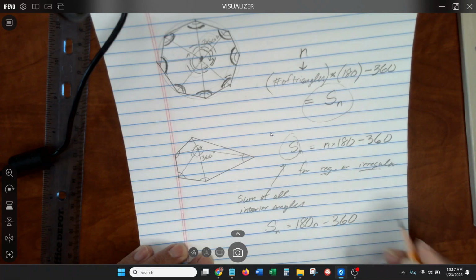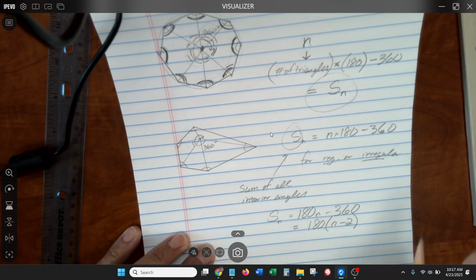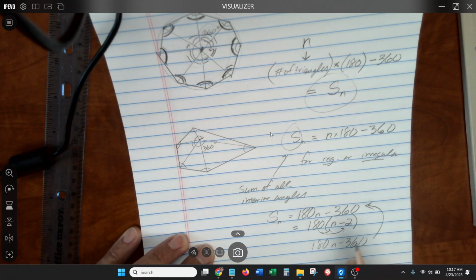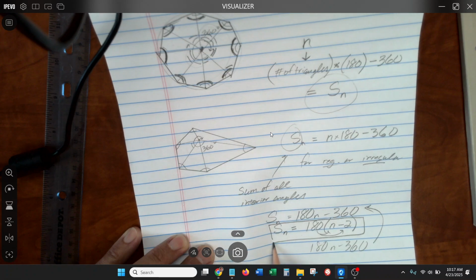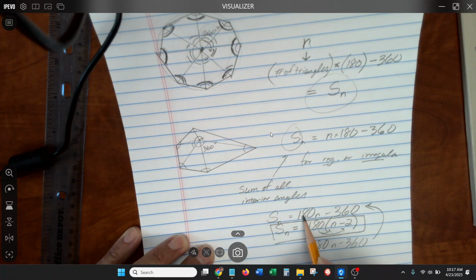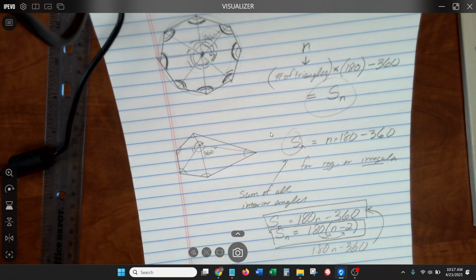But you also will see this as, if we factor out 180, 180 times n minus 2. And that's because if we distribute the 180 we get back to 180n minus 360, which is just this formula. So sometimes you'll see it as the sum of the interior angles of a polygon is 180 times n minus 2, where n is the number of sides of the polygon. Or sometimes you'll see it as 180n minus 360, but these are the same formulas. Alright, that's it, thanks.